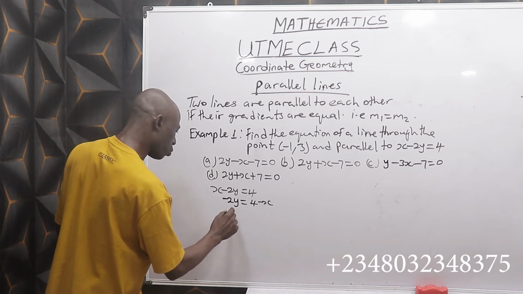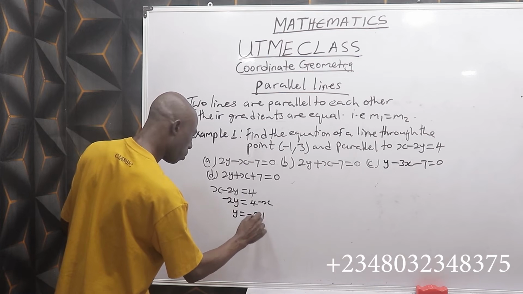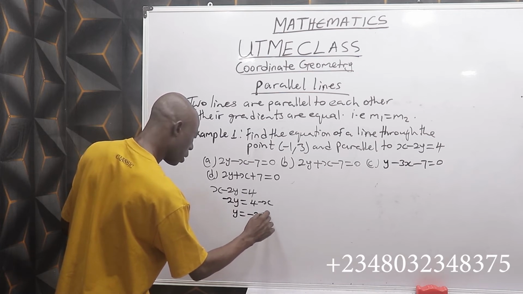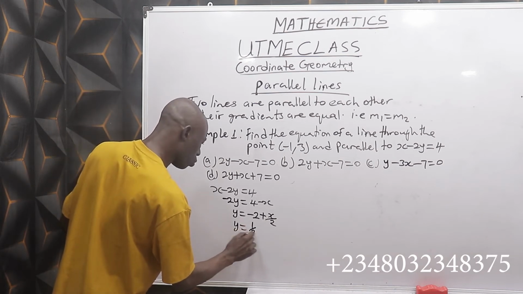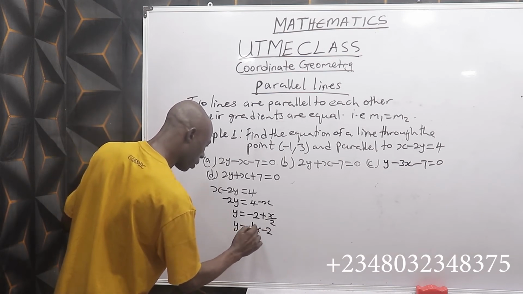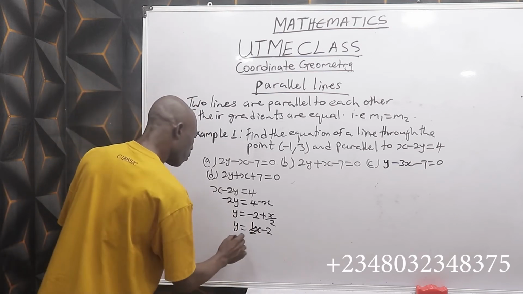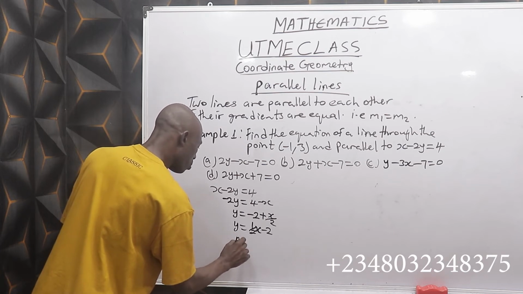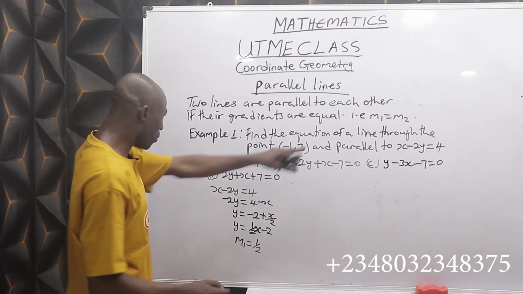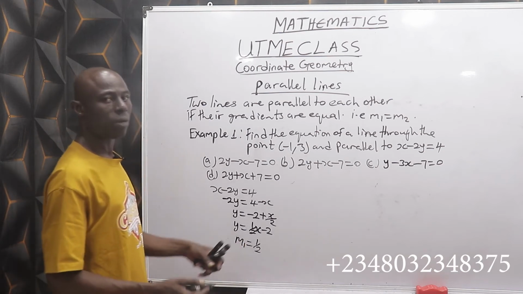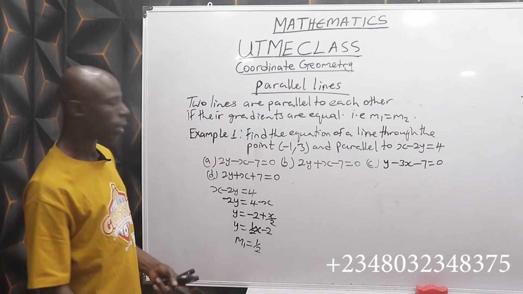Dividing both sides by negative 2, y will be equal to minus 2 plus x over 2. That is y equals 1 over 2 x minus 2. It could be arranged anyhow. So the gradient here is half. m1 equals half. The gradient of the equation given to us is half because it is the coefficient of x having made y subject of the formula.